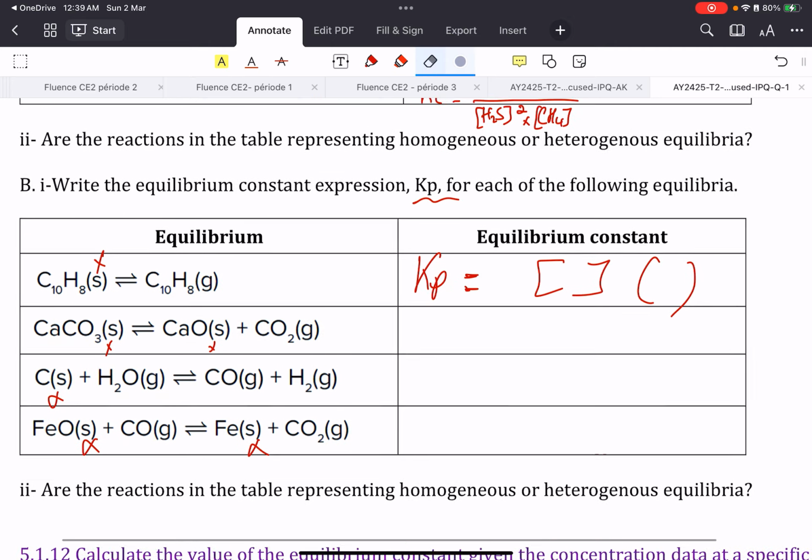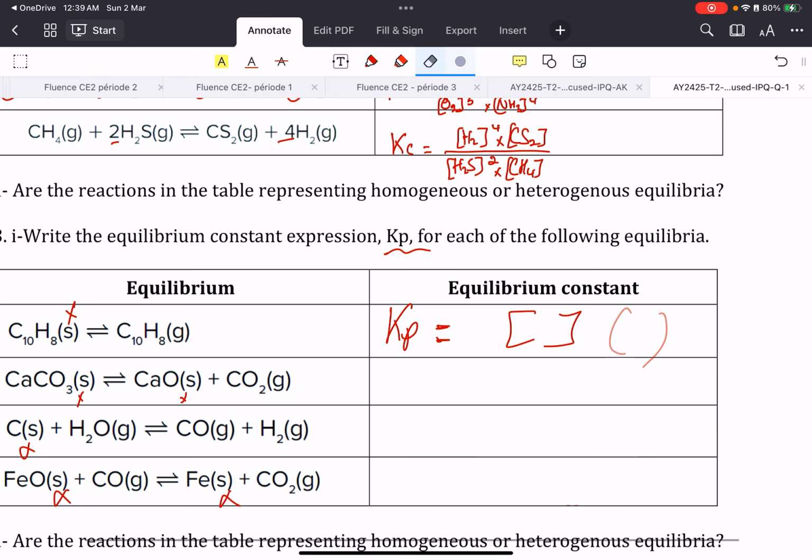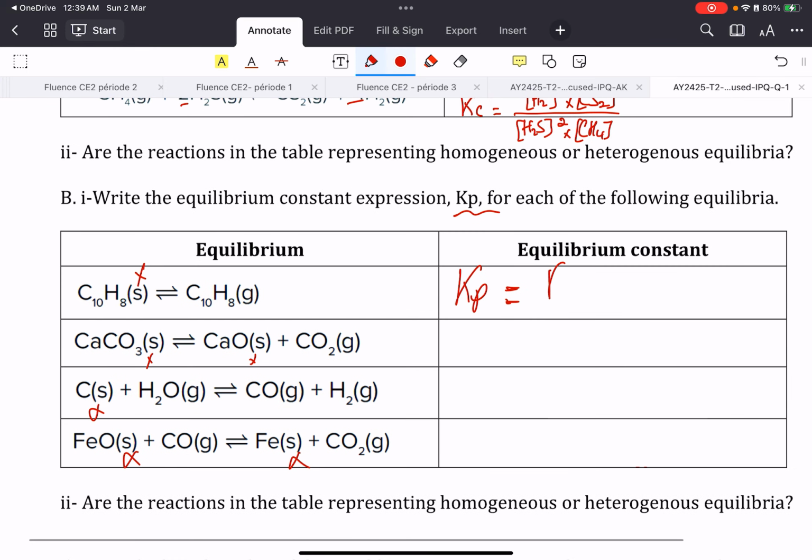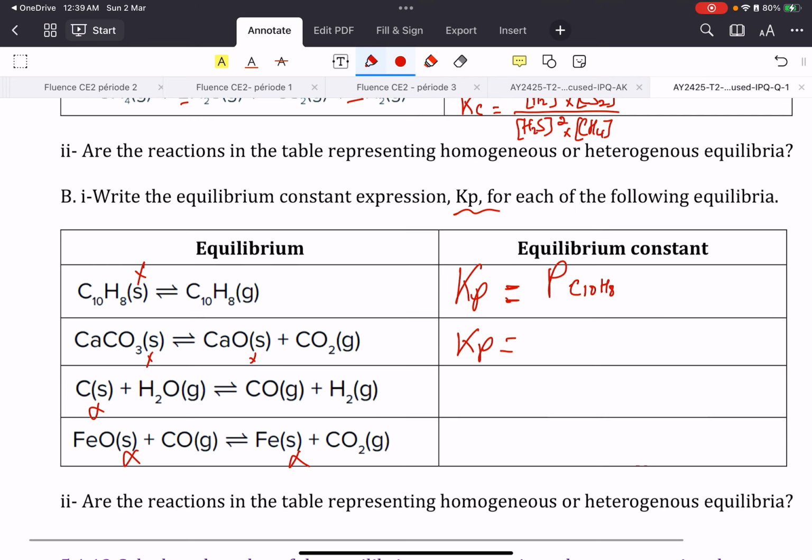You should put the letter, the symbol P, like pressure of the gas itself. So here, pressure of C10H8. I'm not going to say divide by C10H8 solid because it is solid. So simply like that. Kp is only pressure of CO2.